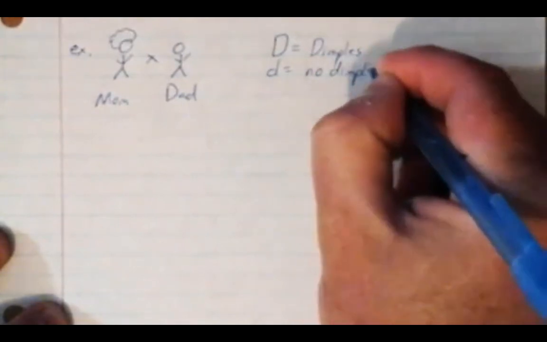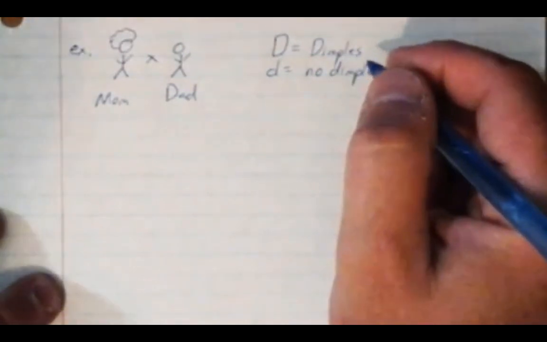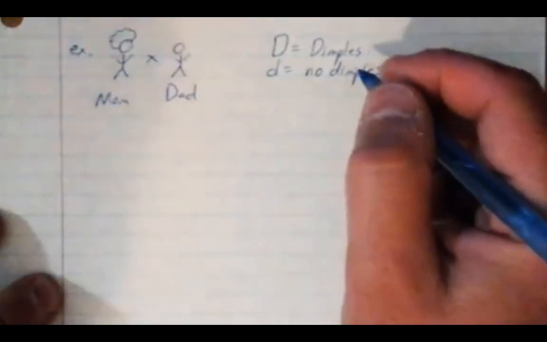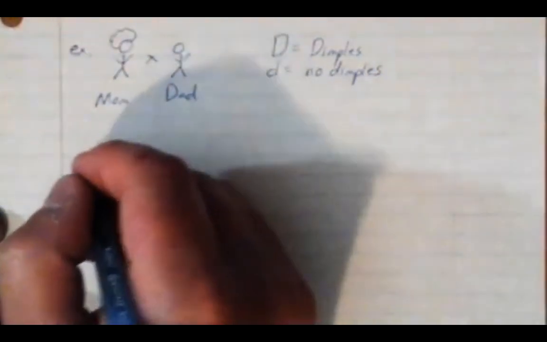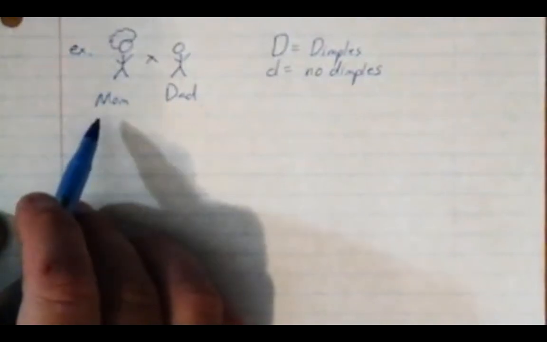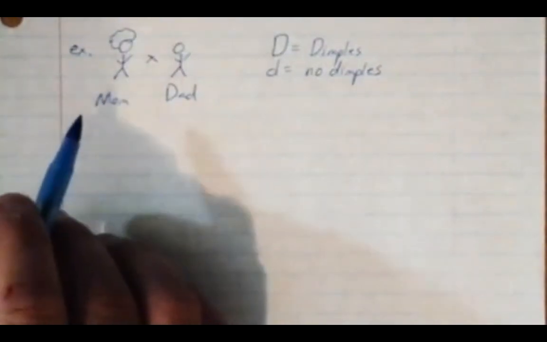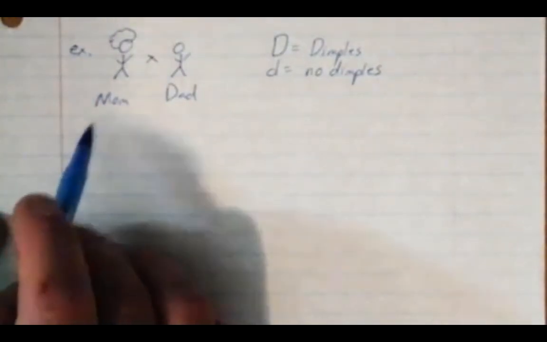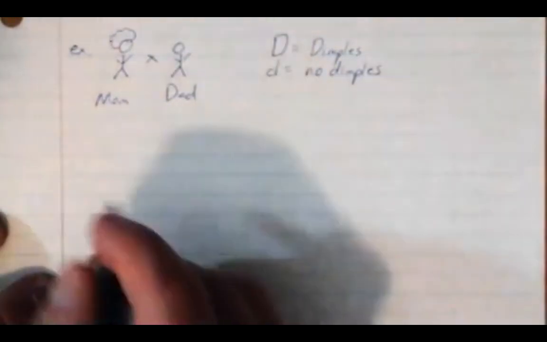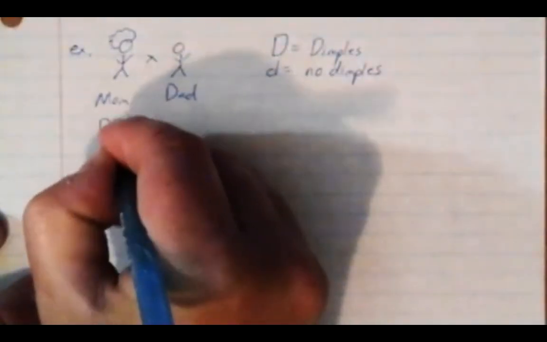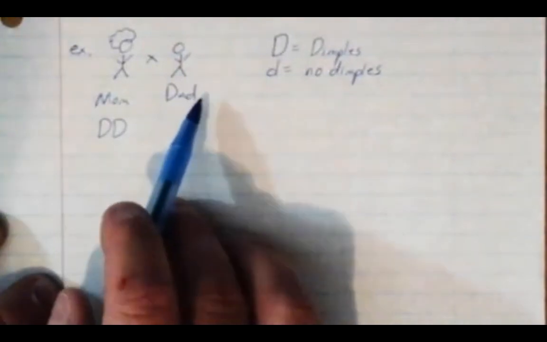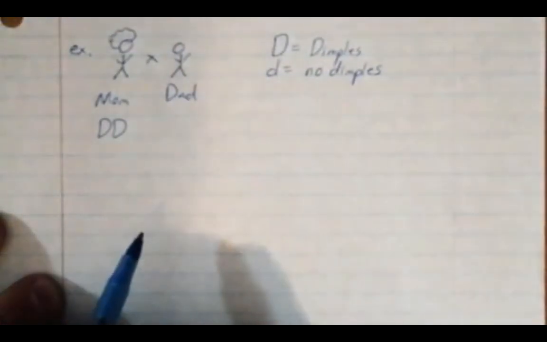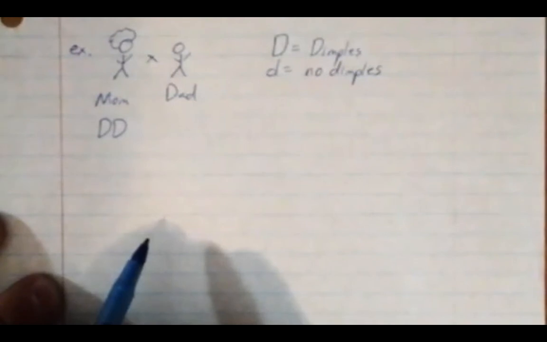The lowercase d, or the recessive DNA, is no dimples. Okay? And I'm going to tell you that mom is homozygous dominant. So think real quick. Mom is homozygous dominant. Homo means the same. Dominant means capital letters. Okay, so mom is capital D, capital D. I'm going to tell you dad is homozygous recessive. What does that mean?